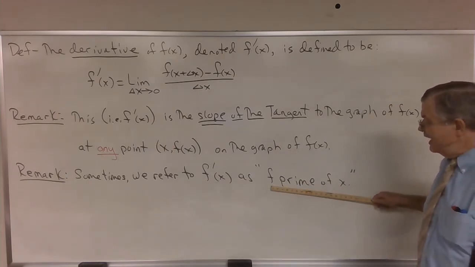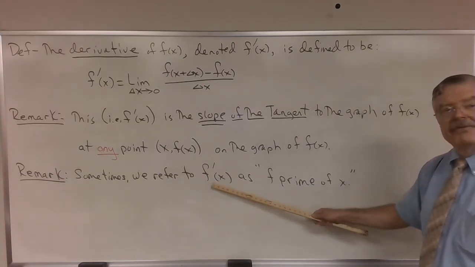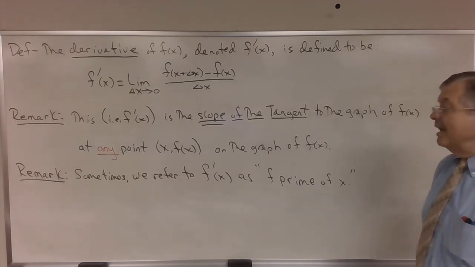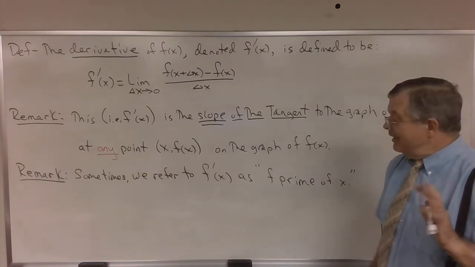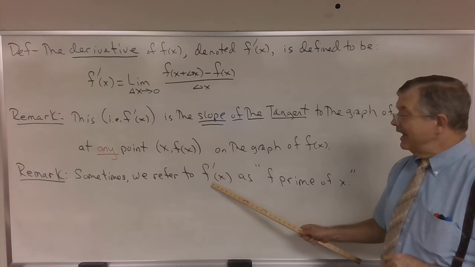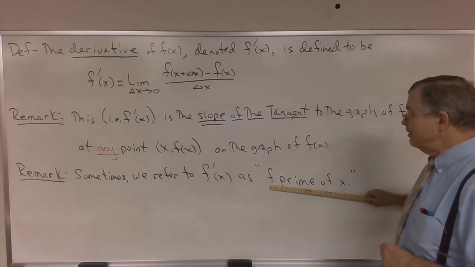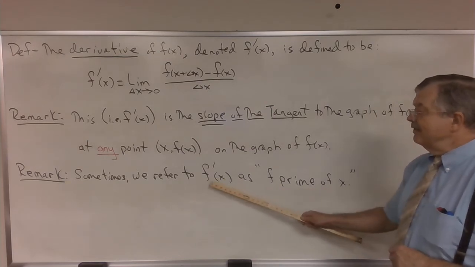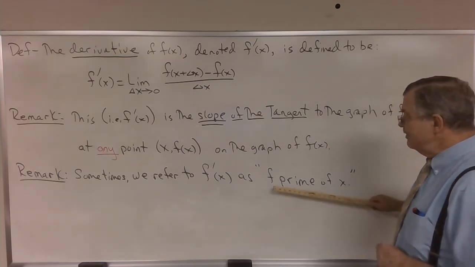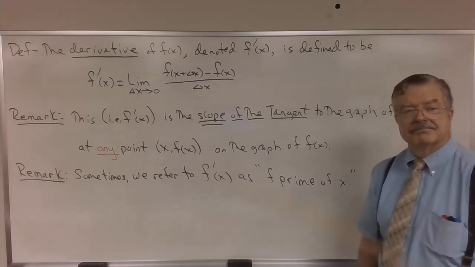This is a very common expression used to describe the derivative of f of x. More often than not, when people see this, they'll say f prime of x rather than derivative of f of x. So this is just new terminology. The derivative of f of x, we often refer to it as f prime of x.